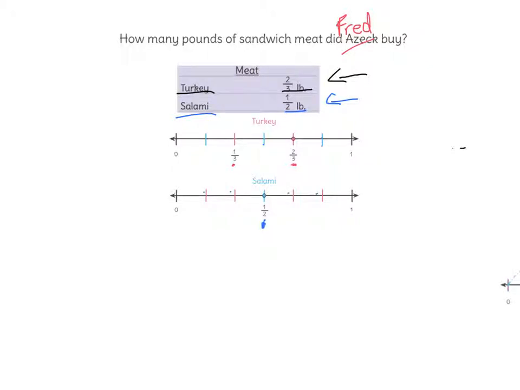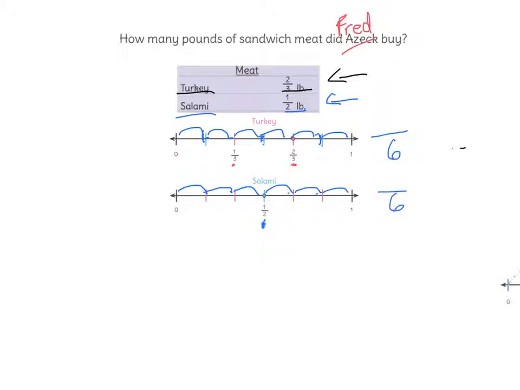And what you're going to see is that the common denominator is obviously 6, because when we divide each third in half, you get 1, 2, 3, 4, 5, 6. So that's our new denominator. And when we take the 1/2 and divide each half into thirds, 1, 2, 3, 4, 5, 6.